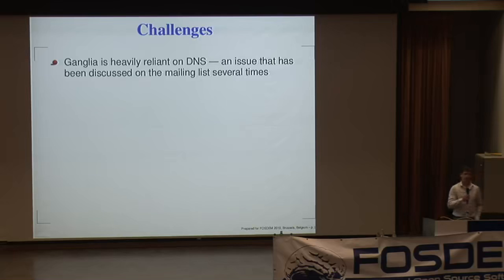Some of the challenges that we face using the Ganglia product in particular: it's heavily reliant on DNS. Once again, big organisations have a range of DNS problems. They're not connected directly to public internet DNS servers. If you've had a lot of mergers and other corporate activity, then you may have several different DNS zones within the organisation, and they might be separated over different firewalls.